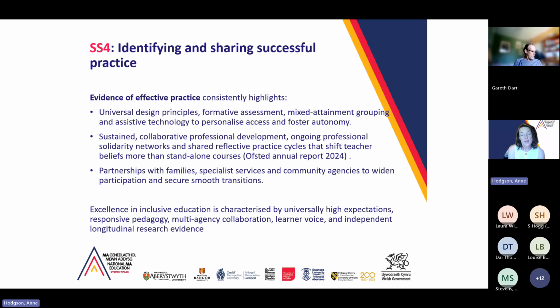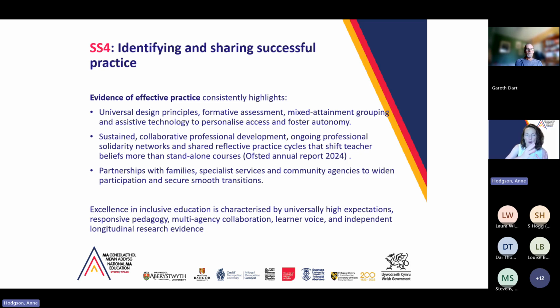And in terms of evidence of effective practice, it often highlights these key strands around universal design principles, incorporating all of your learners, formative assessment, mixed attainment grouping, assistive technology to personalise and access and foster autonomy.